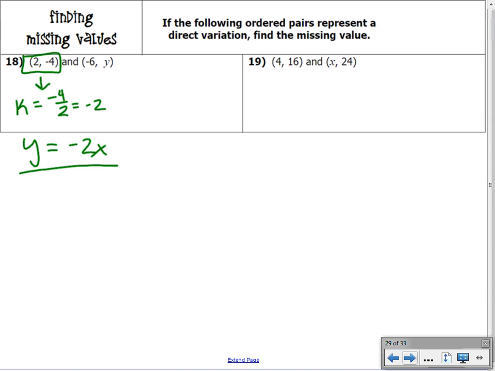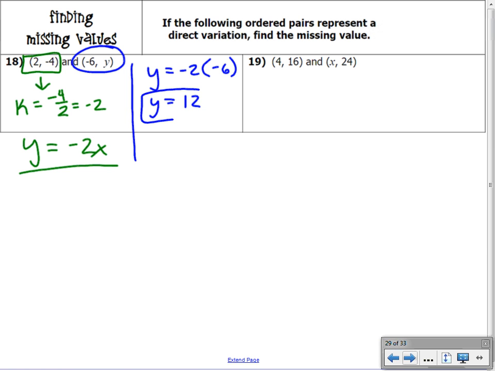This is important because this is the same pattern that should apply to the second point. If I know y equals -2 times x, and I know x is -6, and I'm looking for y, all I'm doing is plugging in -6 for the x in my equation and solving for y. In this case, y would be equal to 12.